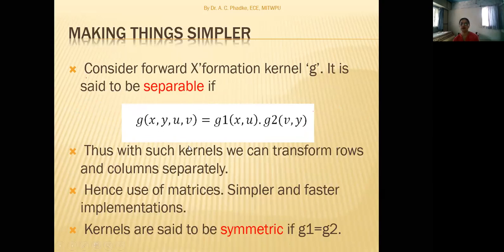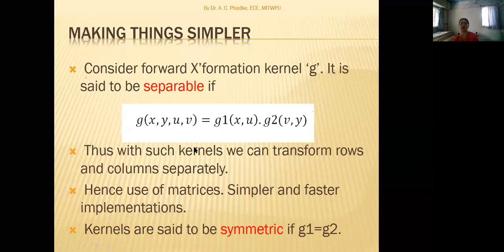So we can consider the image as a matrix, and this matrix has rows and columns. Because of separability and symmetry, we can first apply the transform, say row wise, then we get intermediate results. On these intermediate results, we can apply the transform column wise.